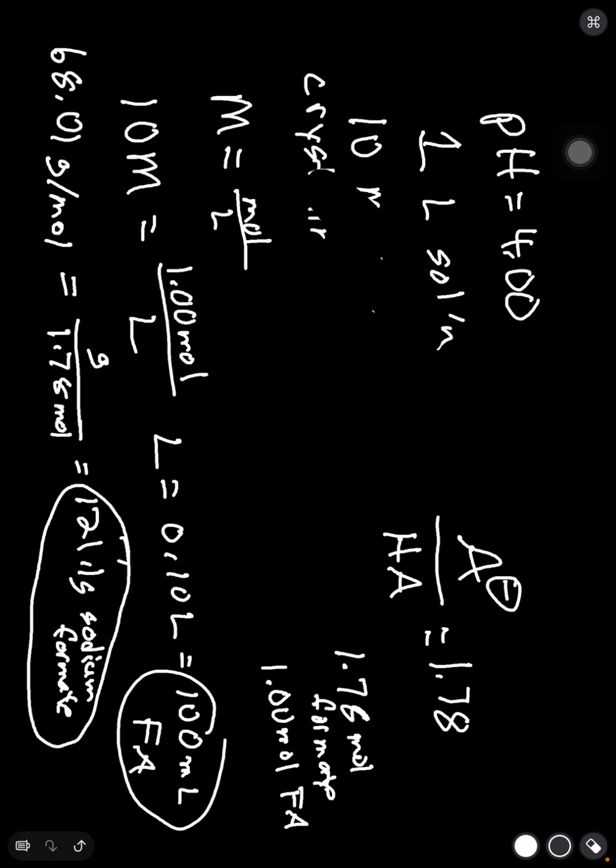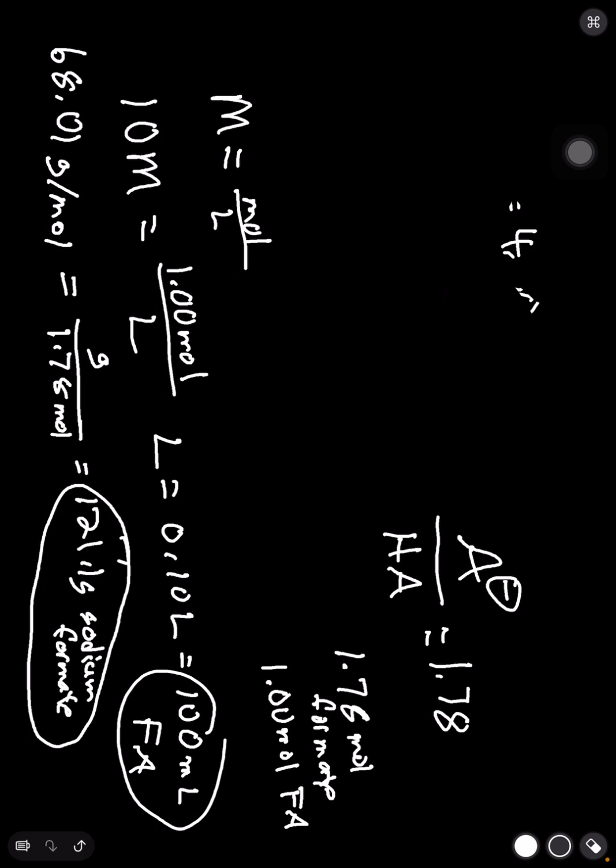All right. I do want to highlight one thing here. I'm going to keep the rest of this up and erase this part. This is just one way that you could do it. This is actually a pretty concentrated buffer solution because we have 100 mils of 10 molar formic acid. That's a lot. 121.1 grams of sodium formate. That's a lot.